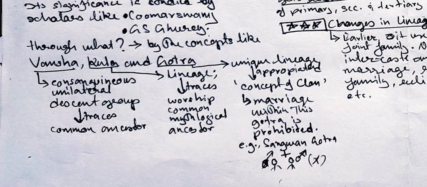And gotra, you must understand here, gotra is basically a unified concept. It unifies every other tribe and caste within the gotra. Gotra is a unique lineage concept which is appropriated by the concept of clan. There are certain obligations also in the gotra, for example, that marriage within the gotra is prohibited.